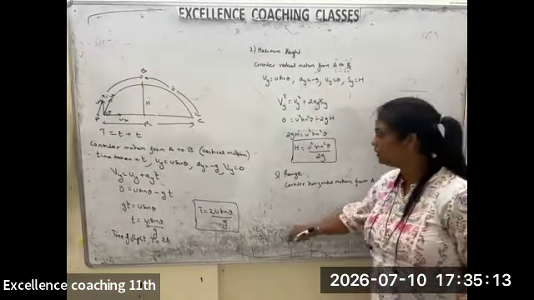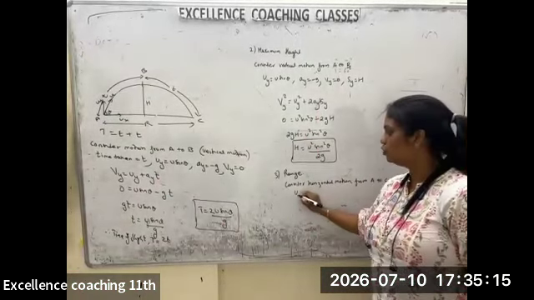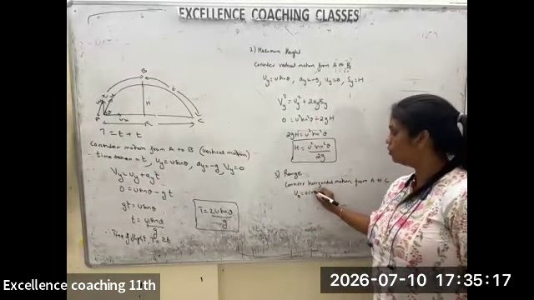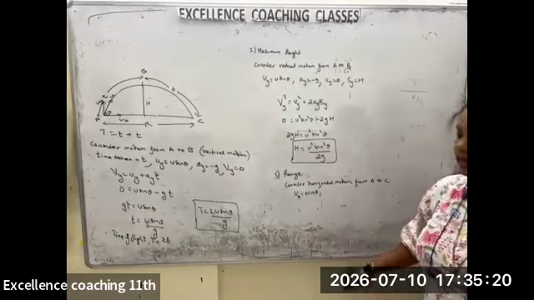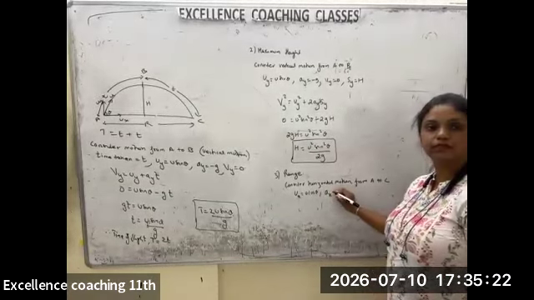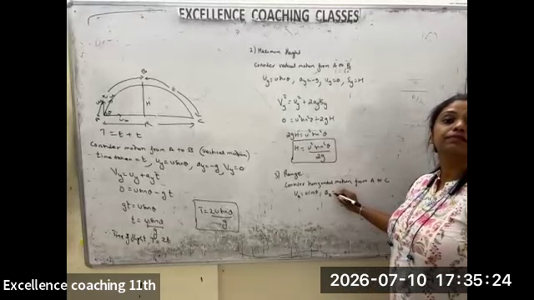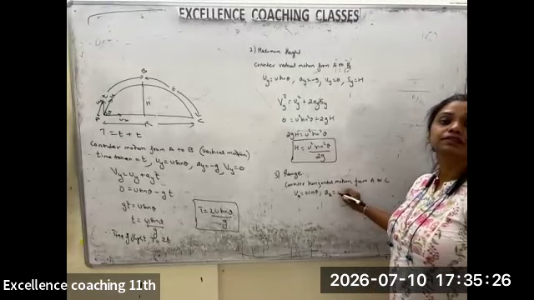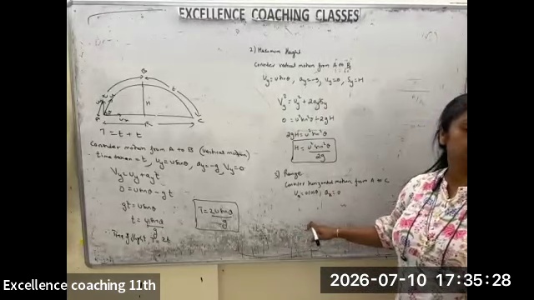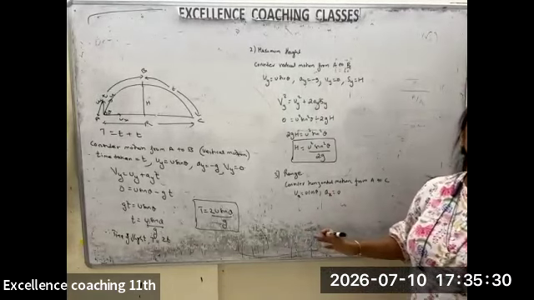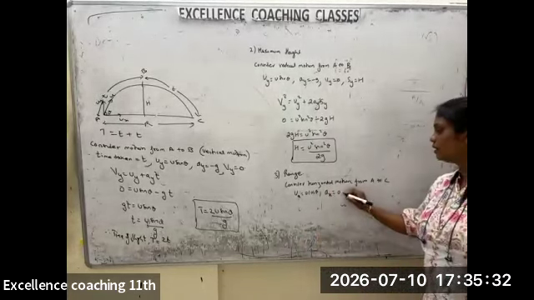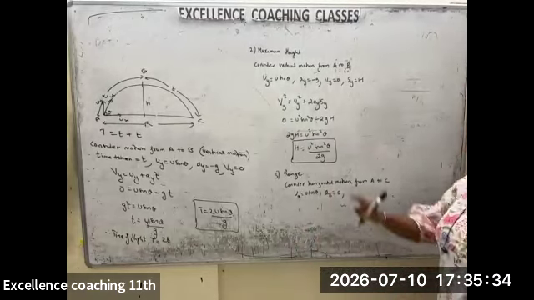Now tell me, horizontal, how many things do you know? Ux you know is u cos theta. Acceleration is how much? Everyone. Ux is constant, so acceleration is 0. What else do you know?